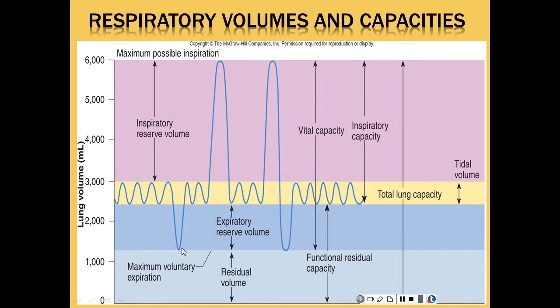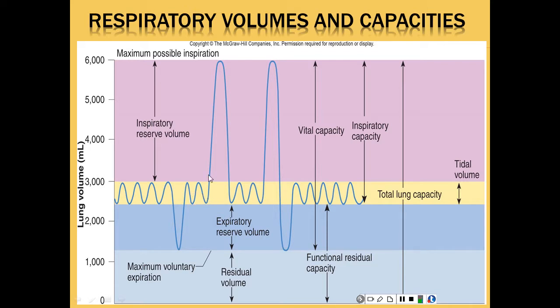This is 1,200 milliliters of our ERV, our expiratory reserve volume. Then we go back up here. This is our tidal volume, which is at our normal value of 500.